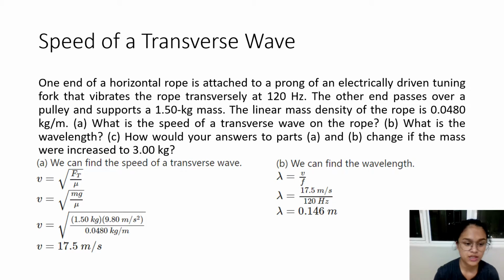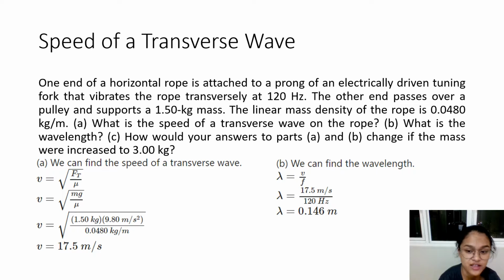So it's going to be the square root of 1.5 kilograms times 9.8 meters per second squared, over 0.048 kilograms per meter. So we'll be obtaining 17.5 meters per second.